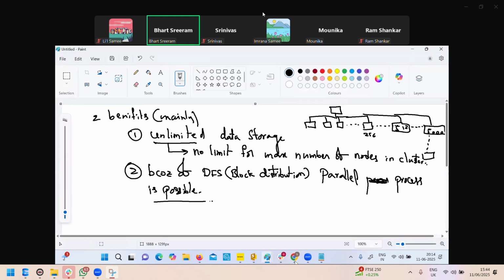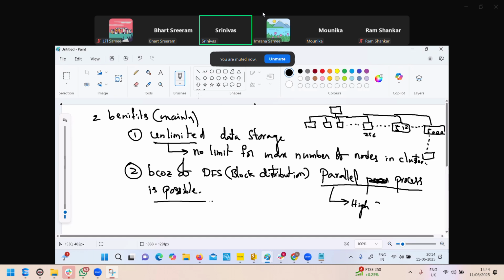So finally, what are you achieving with this parallel process? Speed. High speed.